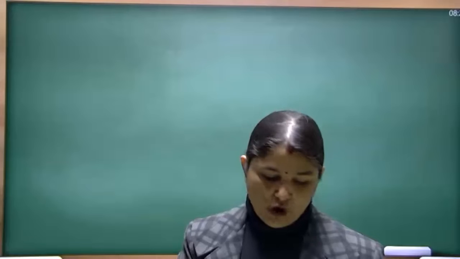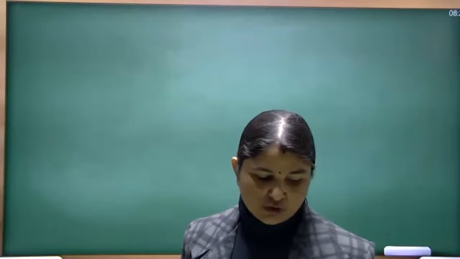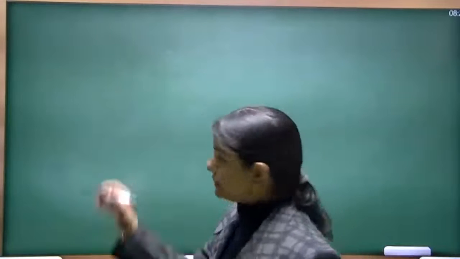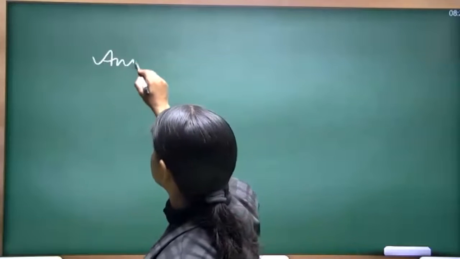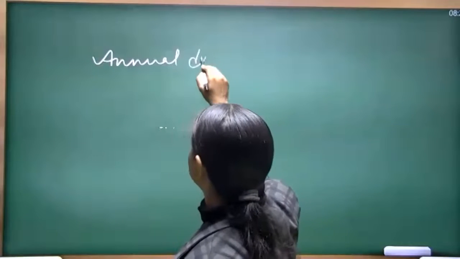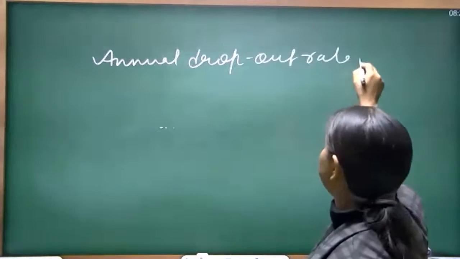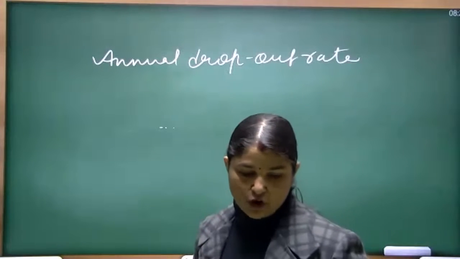Hurry up, show me your thumbs up. Who has the book can open it, page number 62. Here it is giving the annual dropout rate. Which year is it giving over here?